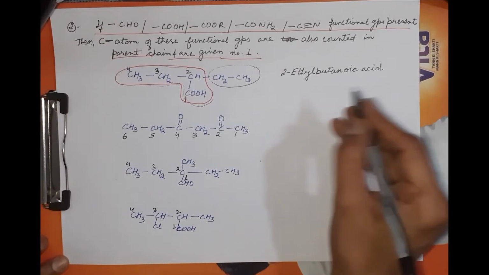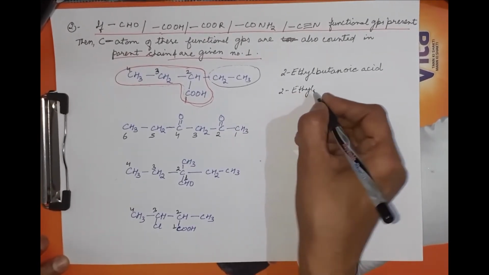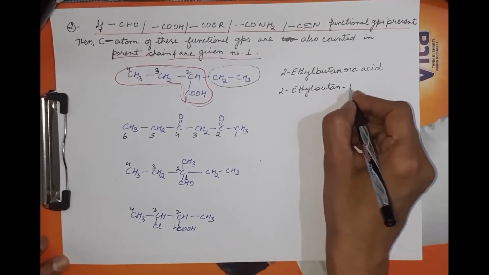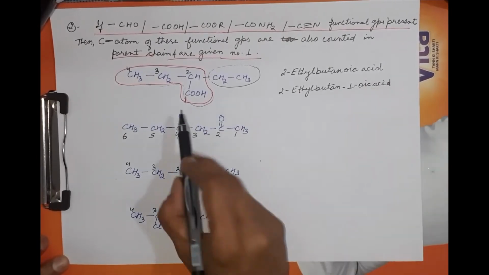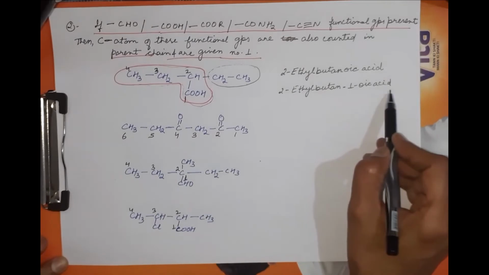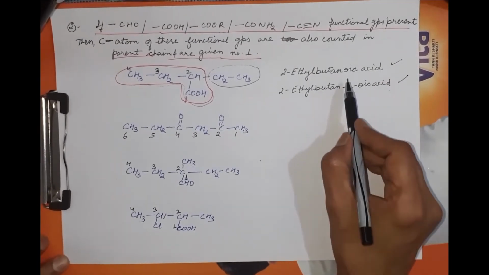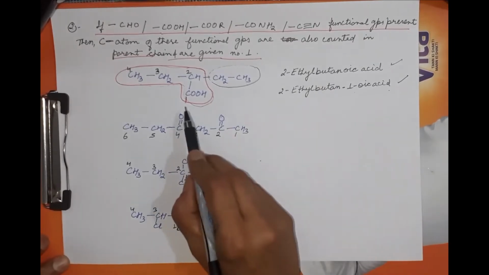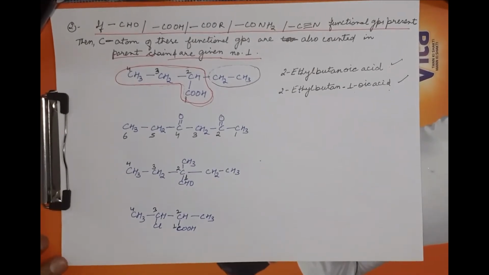So we can write this, or we can write 2-ethyl butane 1-oic acid. The position of this carboxylic acid group is 1. Both are right, because if we are not writing 1, it is understood that the carboxylic acid group is at the number 1 position.